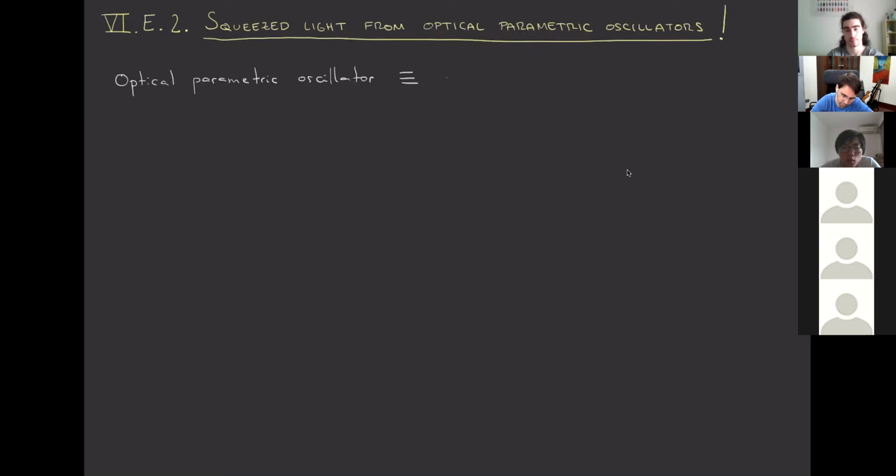So it's just an optical cavity that is open, okay? And where we introduce a dielectric material with second order response to the applied field. So second order optical nonlinearity, okay? This is something that you have already seen in the context of a closed cavity, okay?